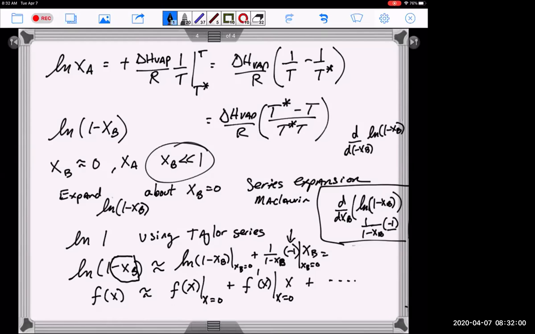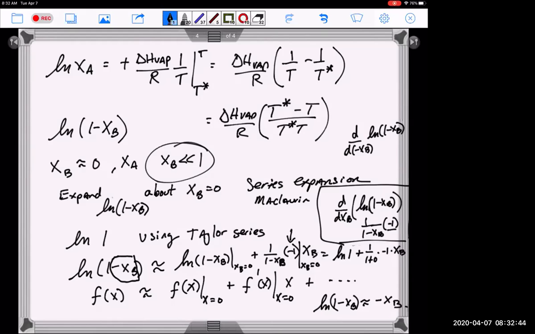Okay, I get it. Thank you. Yeah, and thanks for pointing that out, because that was a very subtle but important thing. Okay, so that means we get the ln of 1 plus 1 over 1 plus 0 times minus 1 times xb. So doing all that work, what we can see is that the ln of 1 minus xb is approximately minus xb, right?